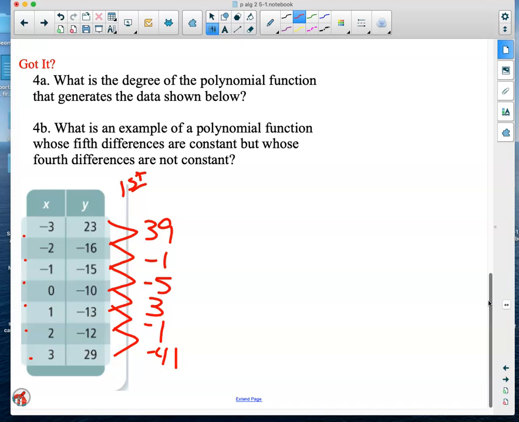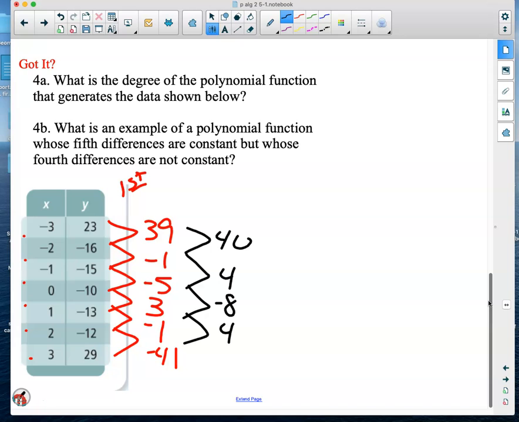Now, pretty early on, we knew the first difference was not working. I mean, right away, we did 39, then negative 1, so we know first difference isn't going to go. But let's try second difference. 39 minus a negative 1 will be 39 plus 1, which is 40. Negative 1 minus a negative 5 will be negative 1 plus 5, which is 4. Negative 5 minus 3 is negative 8. 3 minus a negative 1 will be 3 plus 1, which is 4.